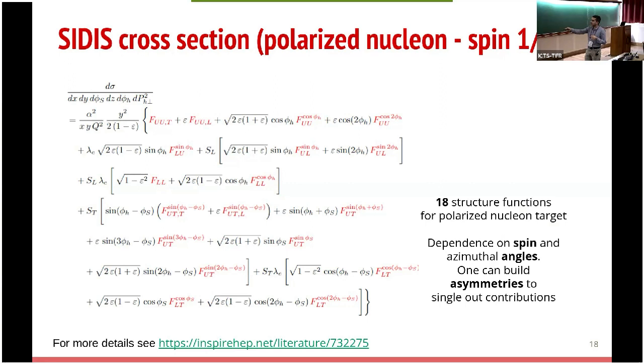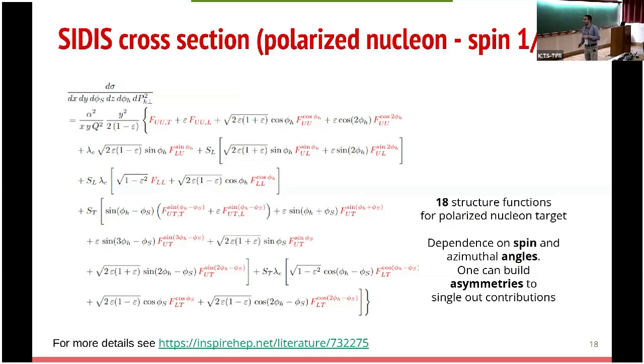So the idea of identifying the angular dependence is just to make our life less complicated when we make an experiment. When you make an experiment, experimentalists, please correct me if I'm wrong, you can make a Fourier analysis of your signal, and you can actually single out all these contributions because they have a different angular dependence.